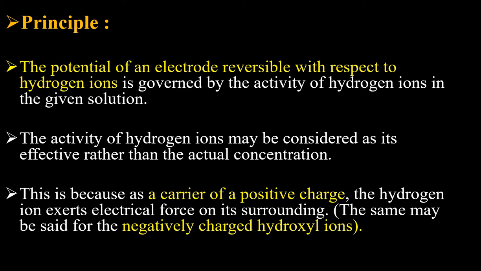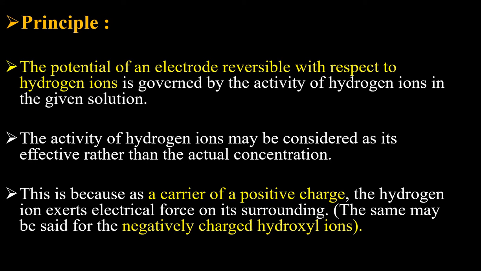The potential of an electrode reversible with respect to the hydrogen ion is governed by the activity of the hydrogen ions in the given solution. The activity of the hydrogen ion may be considered as its effective rather than the actual concentration.